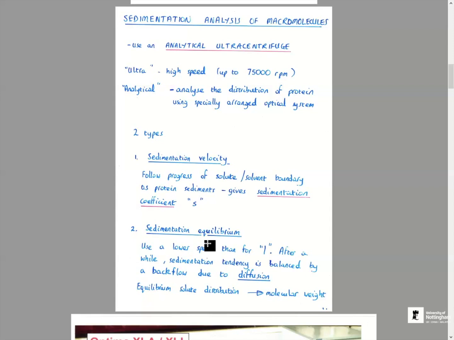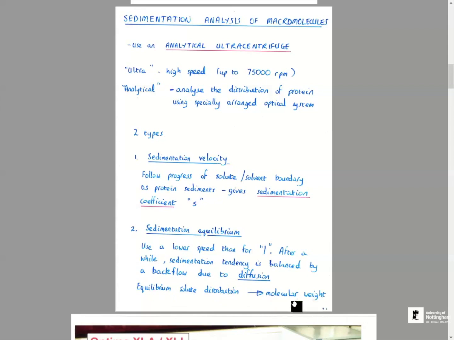So the distribution depends only on the molecular size of the macromolecules and not on the shapes. So no friction, shape effects disappear. So whereas this technique here depends on the size and shape, this technique depends only on the size. So this gives the molecular weight directly.